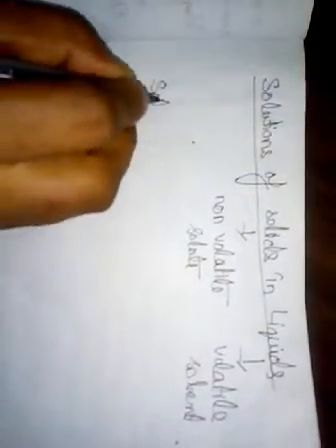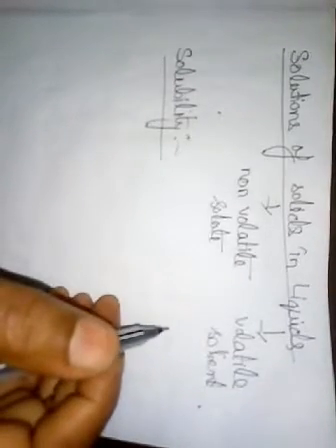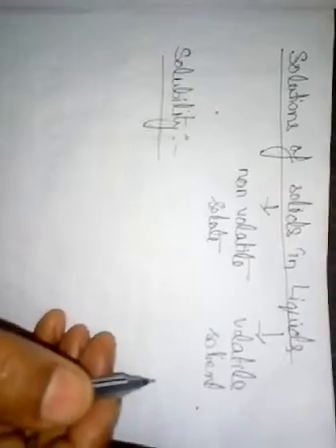Here we should know what is solubility. The solubility of a solid in a given liquid at any temperature can be defined as the maximum amount of the solid in grams which can dissolve in 100 gram of the liquid to form a saturated solution.